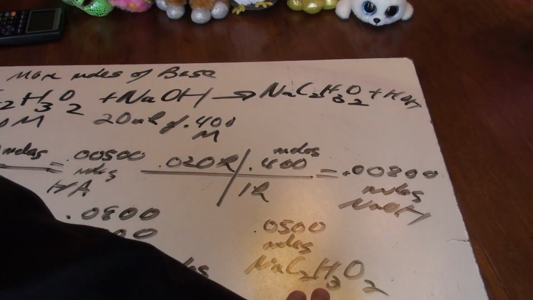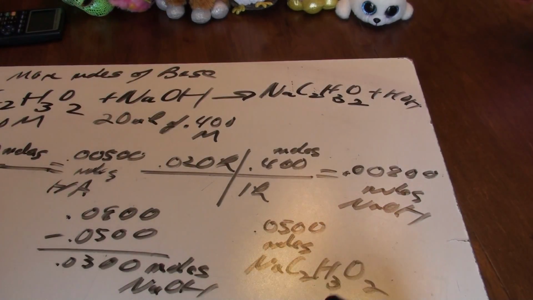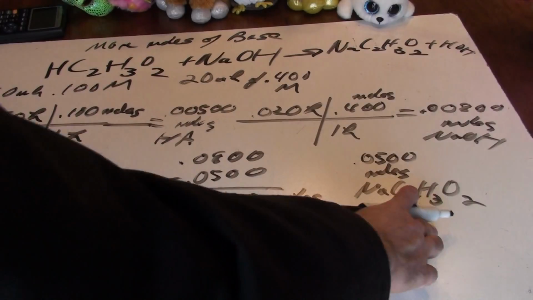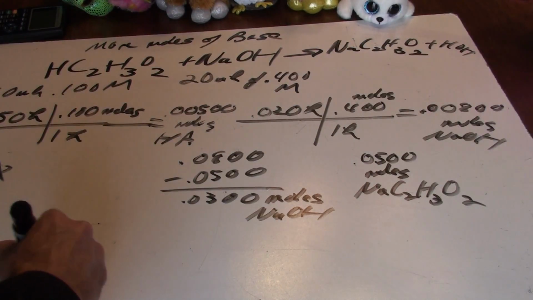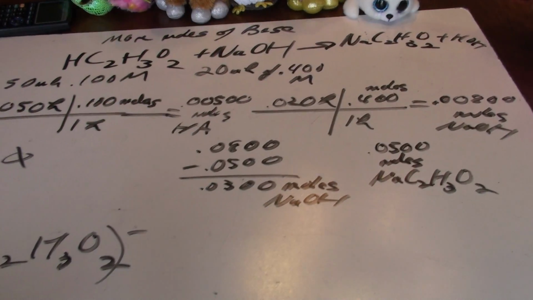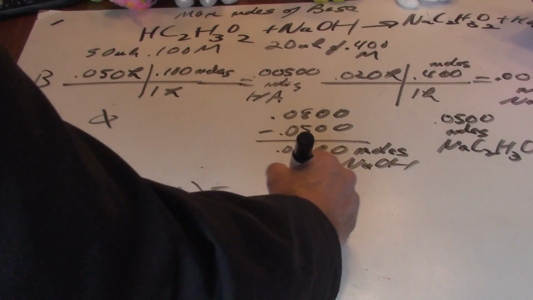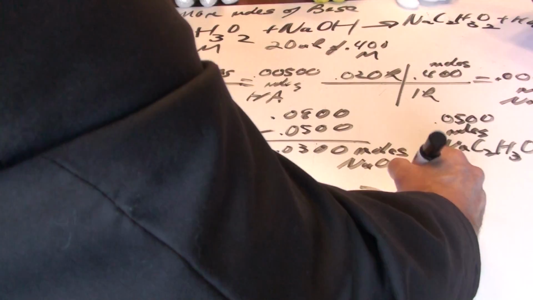Now, this salt will create a weak base. The anion from the salt will react with water to produce acetic acid and OH minus.